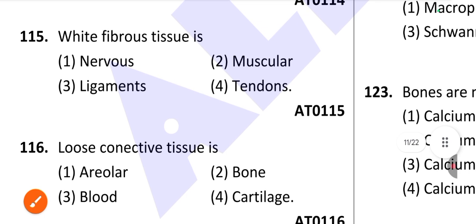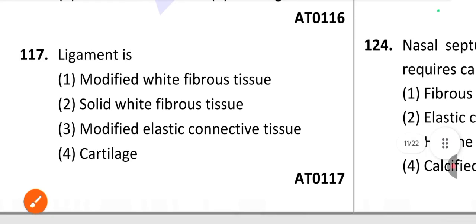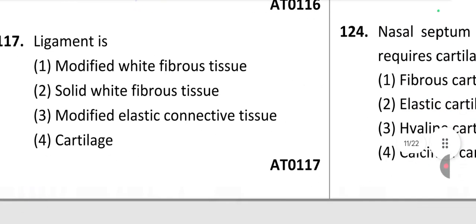So white fibrous tissue is called tendons. Next 116th one here, loose connective tissue is. So which is loose connective tissue? It is areolar tissue. Next 117th one comes here, ligament is. So ligament is always modified elastic connective tissue.